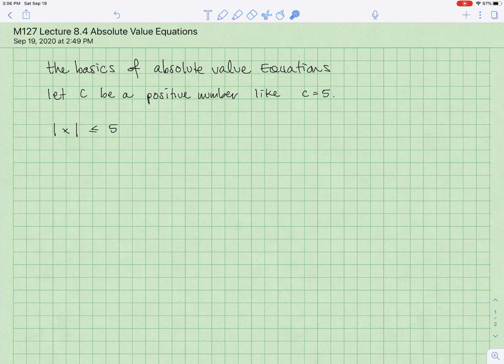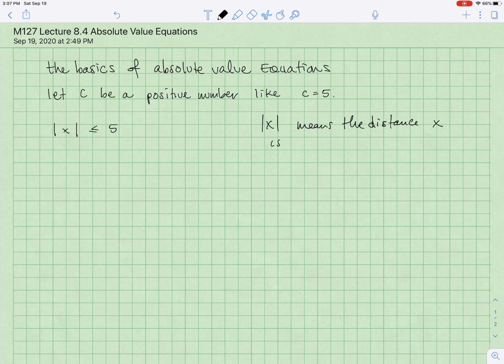I want to talk about what it means for an expression like the absolute value of x to be less than or equal to 5. So you have to remember that the absolute value of x means the distance x is from 0 on the number line.